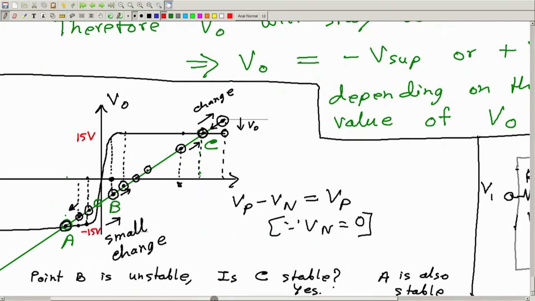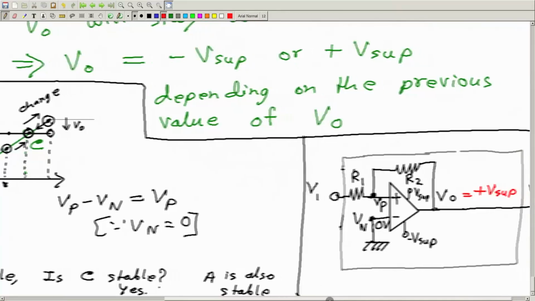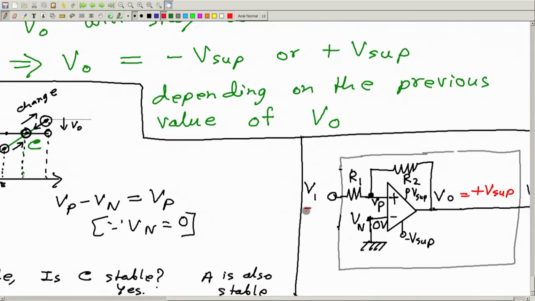Let me choose the value of input V1 equal to, say, 5 volt, for example.